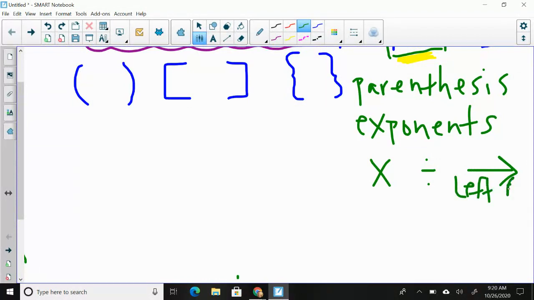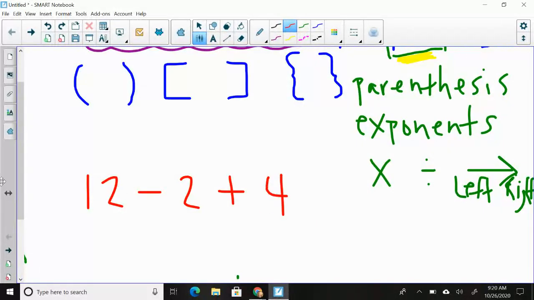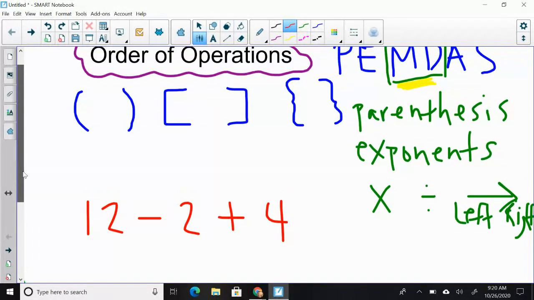To right. It's not going to fit on my page. That's so sloppy. That's supposed to say left to right. Okay. If I had an example, let's say 12 minus 2 plus 4. And I go back up to PEMDAS up here.